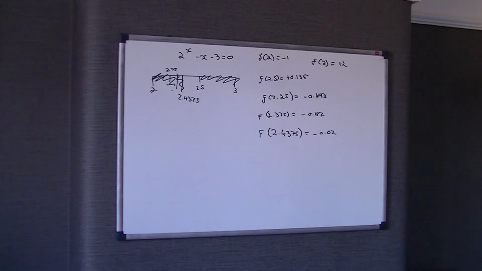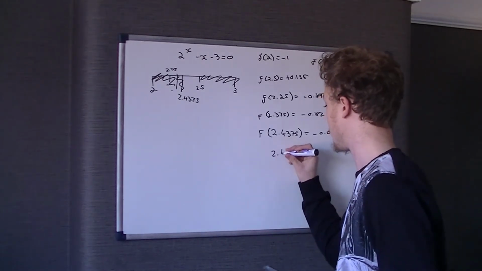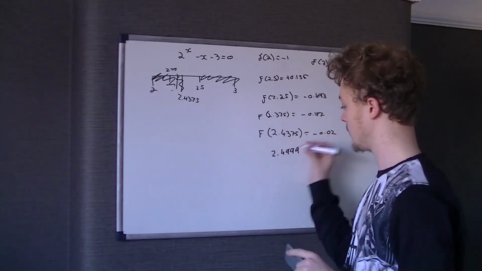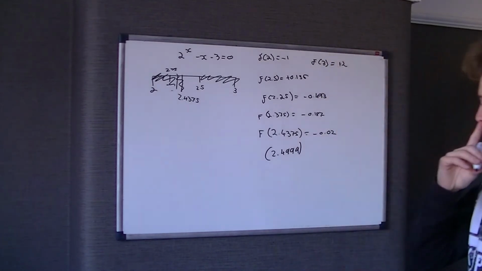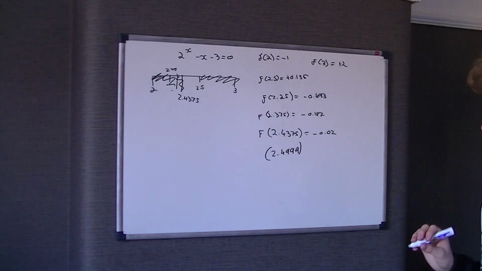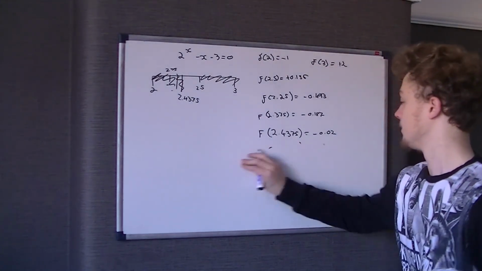So you could do now 2.4. Sorry, let me just double check this. Yeah, so you could do 2.4999 or whatever, because anything less than that, we know it's going to round to 2.4.